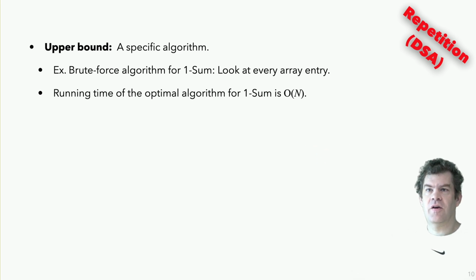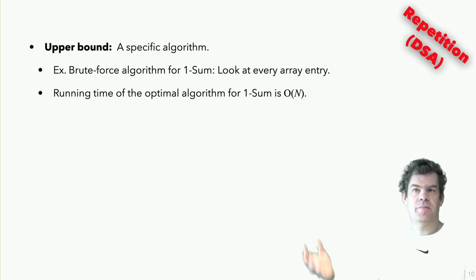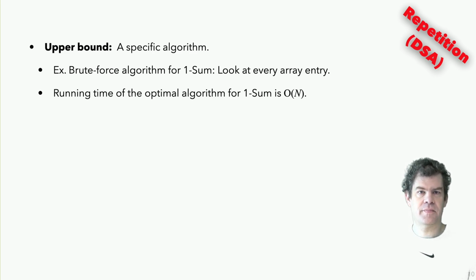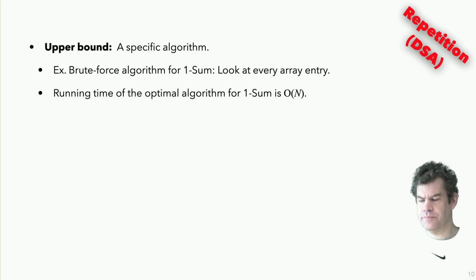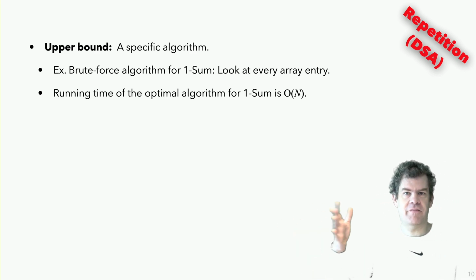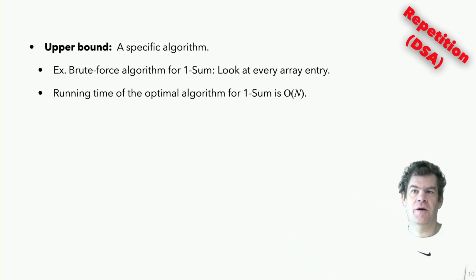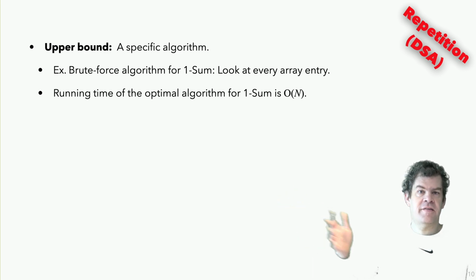Okay, and just to go through this, we can develop an upper bound. We're simply implementing a brute force approach, right? Brute force means you use a very simple idea, and you're willing to spend a lot of time solving the problem. The simple idea is just look at every element, and obviously that takes linear time.